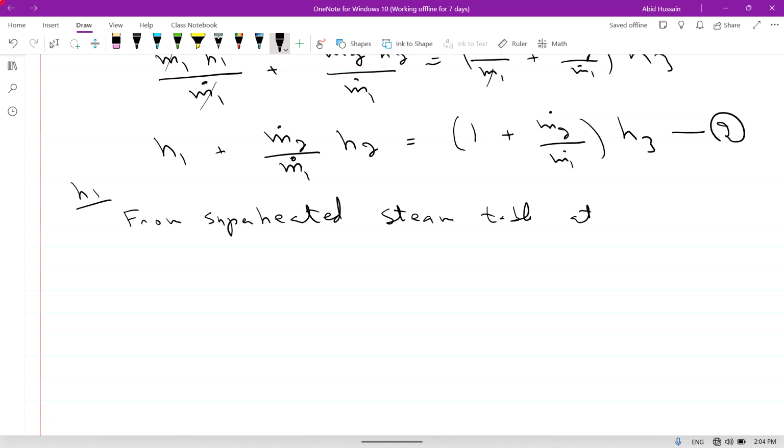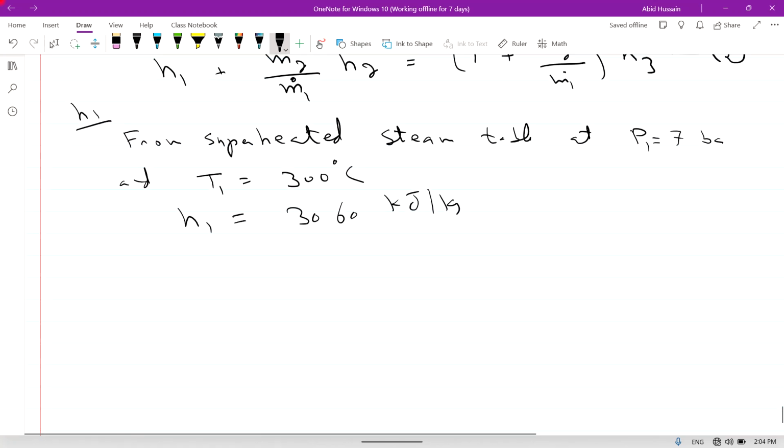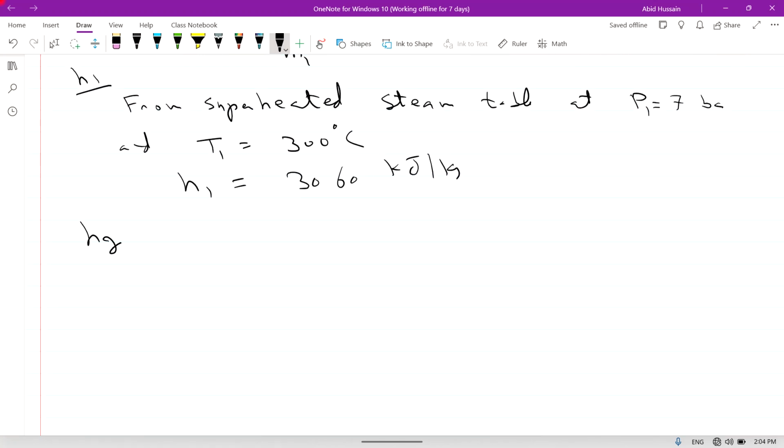The pressure is 7 bar at point 1, and the temperature is equal to 300 degrees centigrade. From the superheated steam table, at pressure equal to 7 bar and temperature equal to 300 degrees centigrade, h1 is equal to 3060 kilojoule per kg.